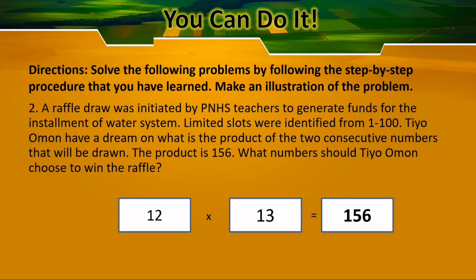You can write the smaller integer and the number next to it. The smaller number, so, it's 12 and 13. So, you will ask yourself, kapag ba minultiply ko yung dalawa, ang product ba is 156? So, your answer is yes. Therefore, you must be confident that the two numbers that should be chosen must be 12 and 13.